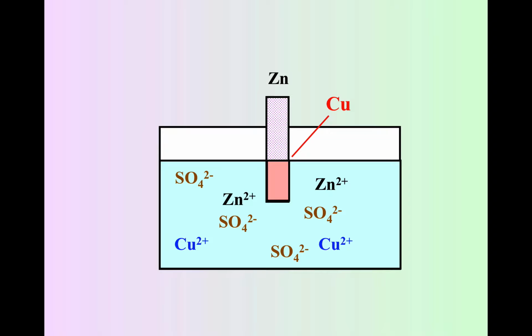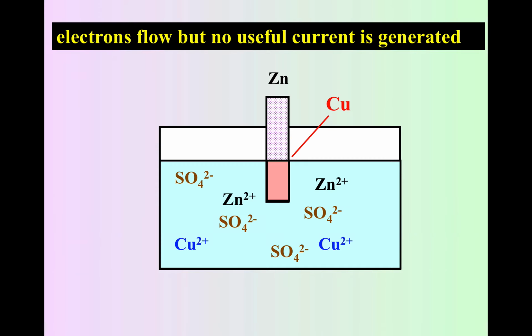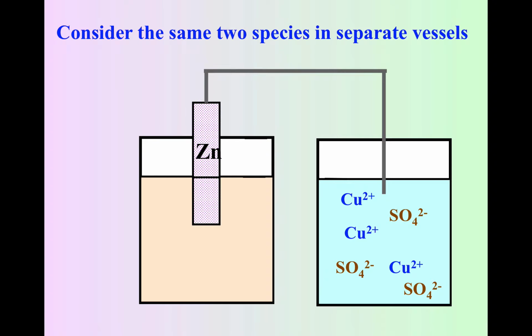Now, the problem with the way this reaction is set up is there's no way to use this energy, right? This push on the electrons you're giving by having this redox occur. So we need to separate the oxidizing agent from the reducing agent and use a wire. So I put the zinc on the one side and the copper 2 on the other.